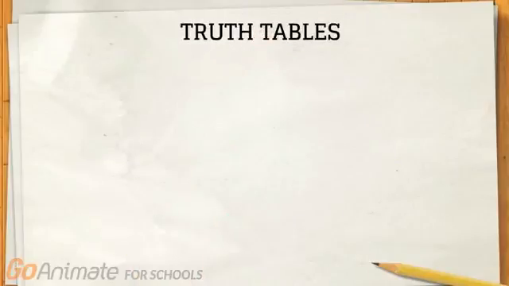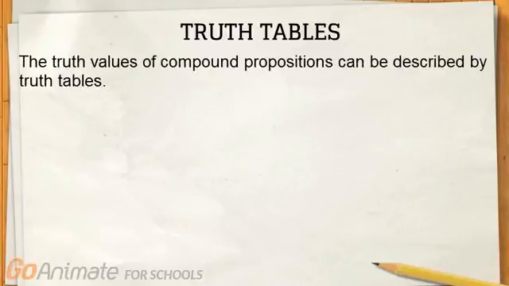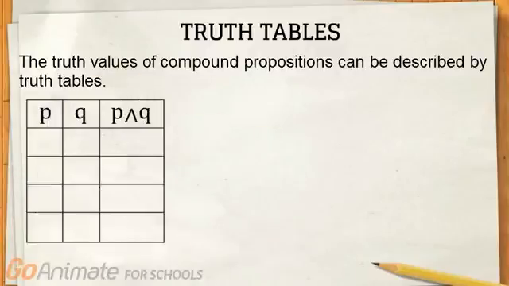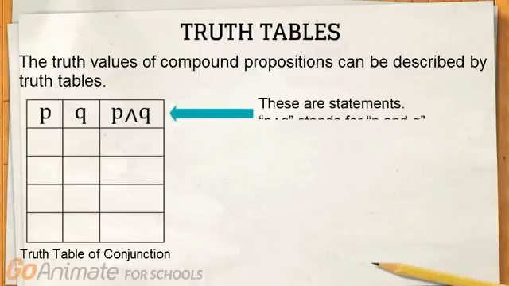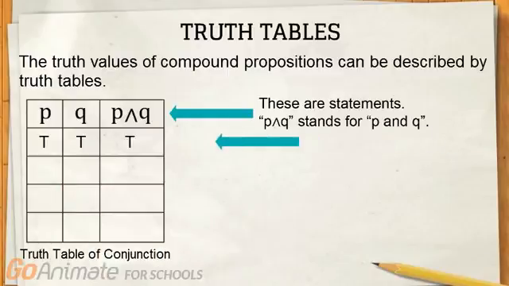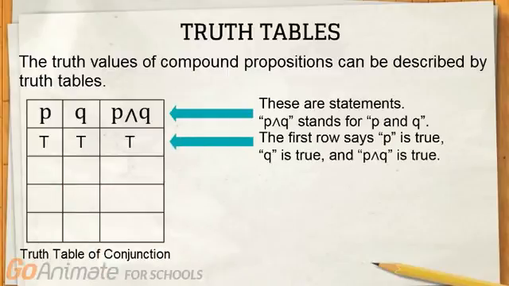Let's move on to the next subtopic, the truth tables. The truth values of compound propositions can be described by truth tables. Here is an example of the truth table of conjunction for two propositions, which are P and Q. These are statements. The symbolic form stands for P and Q. The first row says P is true, Q is true, and P and Q is true.